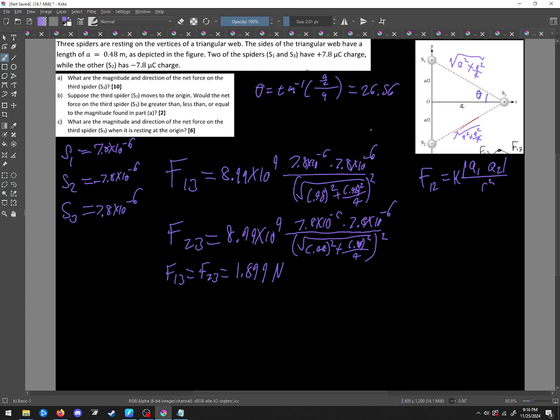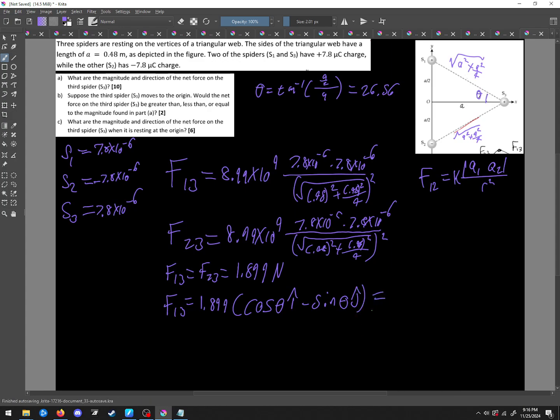So now, what do we do? Well, we say that F13 is going to equal 1.899 times cosine theta i hat minus sine theta j hat.